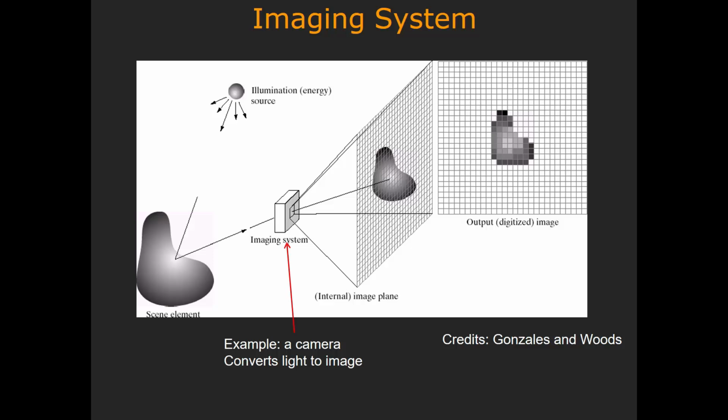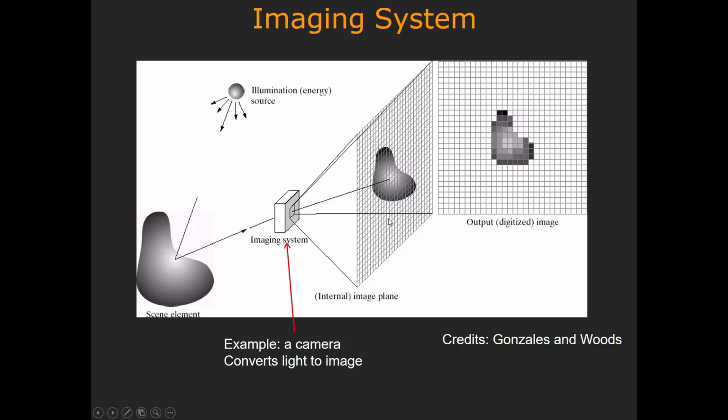So now I am going to define an imaging system. This one is a source of energy, and when it illuminates the object, the object reflects back, and this reflected light is recorded by a sensor.